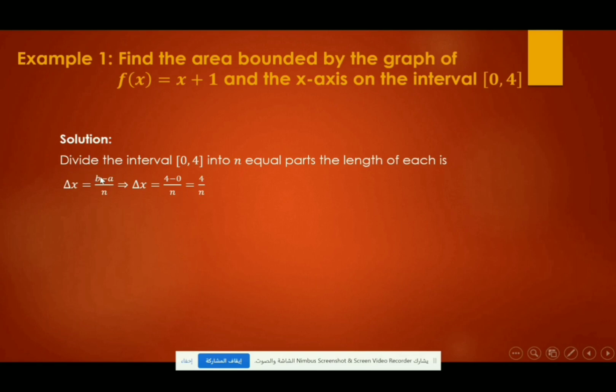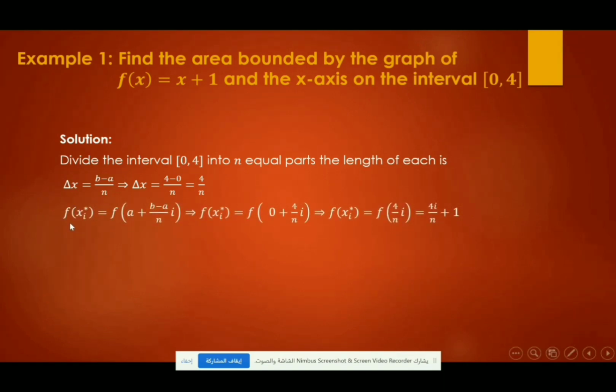You can see that b we take from the interval, and a is also taken from the interval from 0. Because of that, you can say that a is 0 and b is 4, which can be written as 4 minus 0 over n. n is always an unknown value because it is the number of rectangles and it is always unknown.